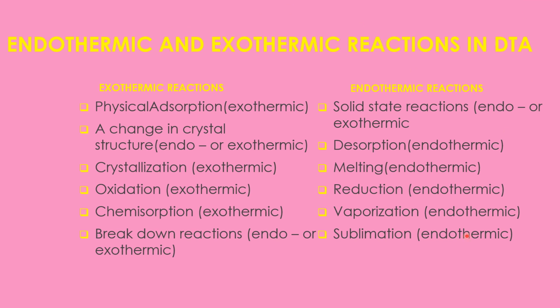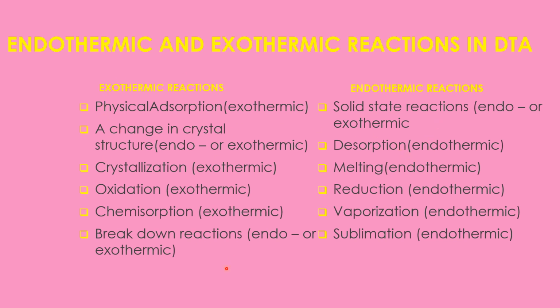Now we will first of all see what type of reactions can be exothermic and what type of reactions can be endothermic. As I said earlier, exothermic reactions are reactions which liberate heat. Endothermic reactions are reactions which can be carried out by absorption of heat.